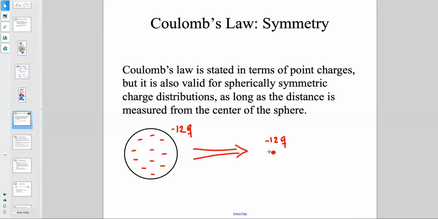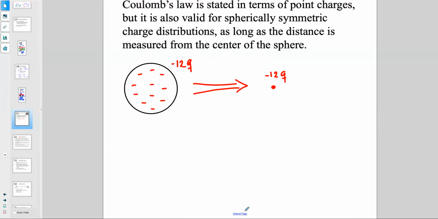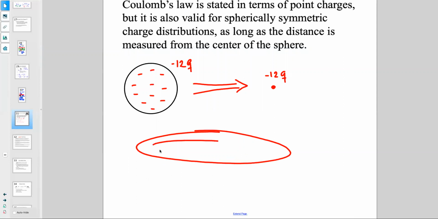Okay? Or you can think of this ring of negatively charged particles being evenly distributed. We can think of them as that there is a point charge located at the center of the ring, which is right there.